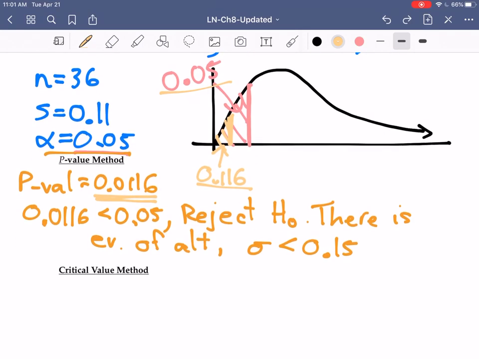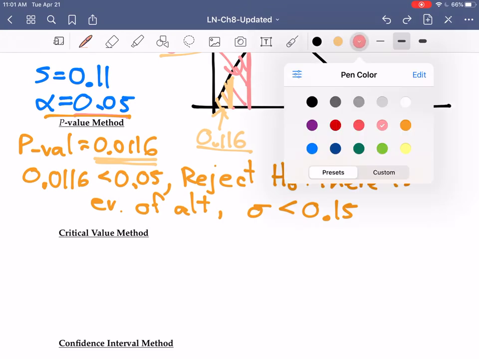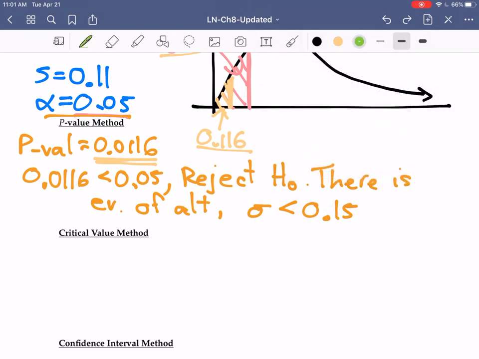We can identify that we're in the tail using a critical value method as well. So using a critical value method, we should only have one critical value. It should be a chi-squared value. We should have one test statistic, which should also be a chi-squared value.